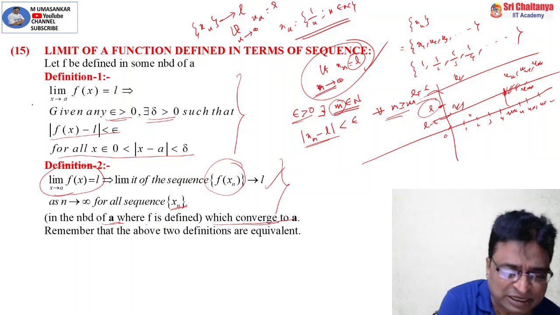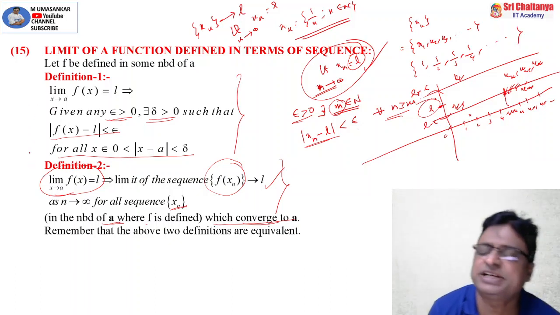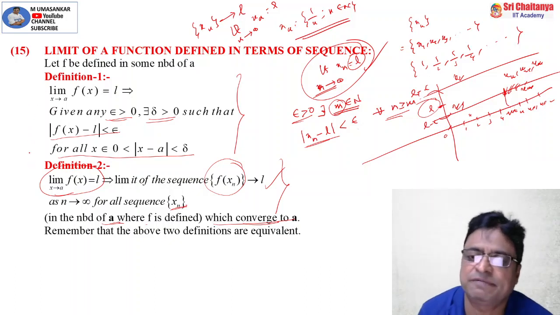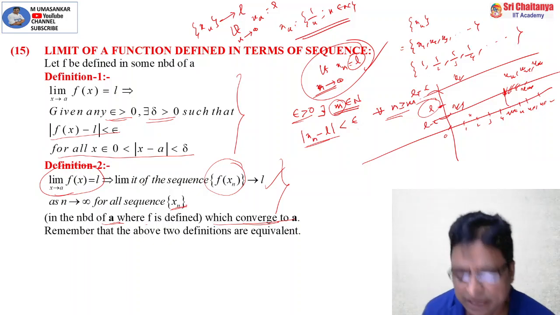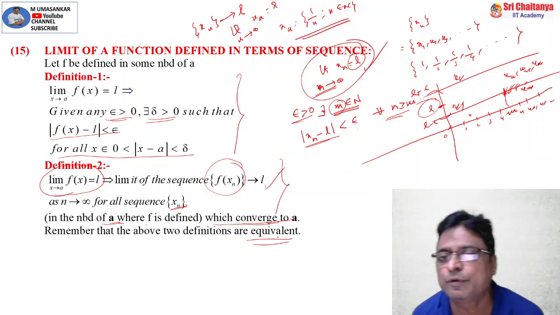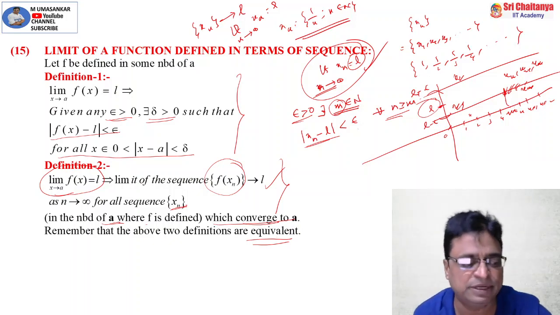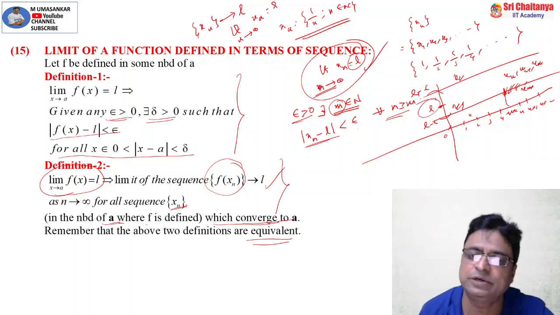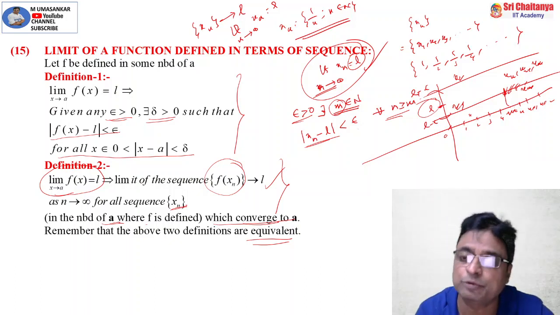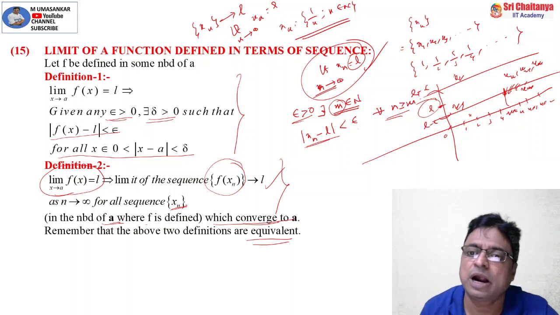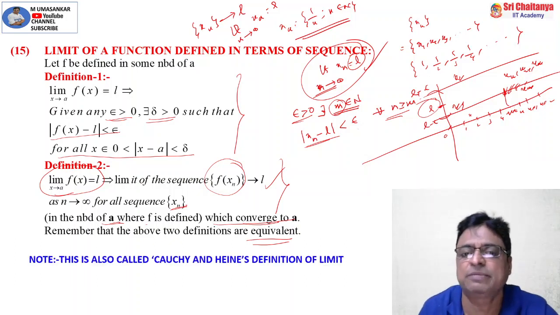Here they look like two different statements for the existence of the limit of the function, but both the definitions are equivalent. That means we can prove definition 1 implies definition 2 and definition 2 implies definition 1. With the help of this definition, we can prove certain peculiar problems, and those problems can be solved only with the help of this particular concept.